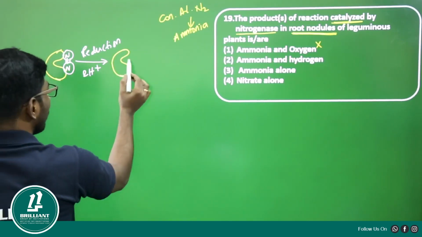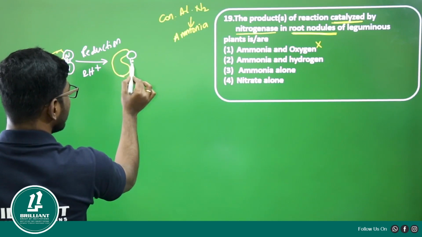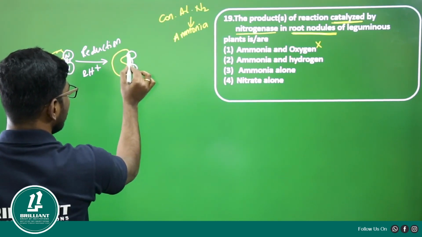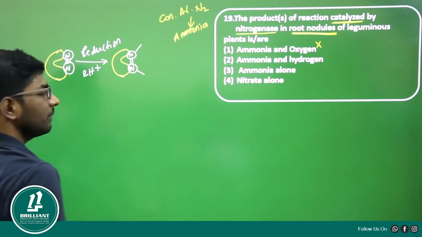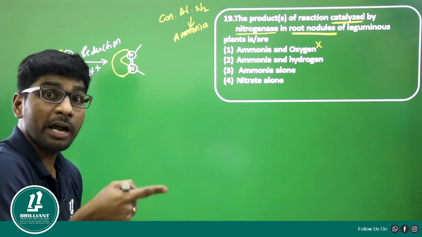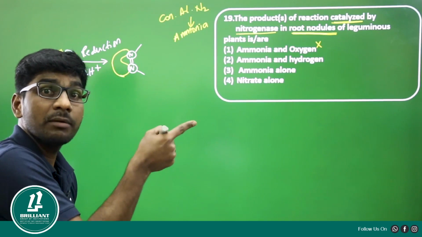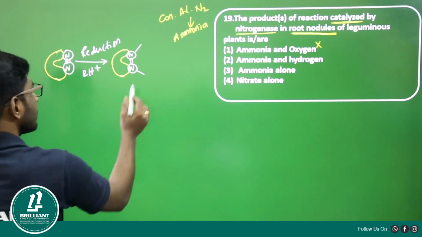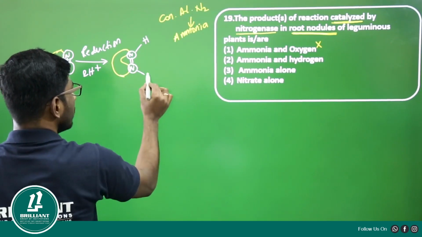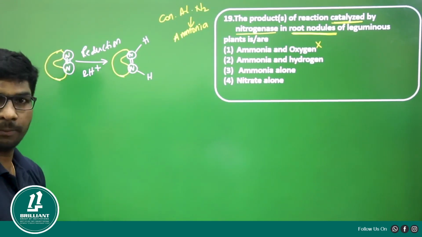So one bond will break between the 2 nitrogen atoms. So one pair of electrons is free here. So one hydrogen atom can bind with each nitrogen, right? So look at here. Here this is one hydrogen and this is another hydrogen.